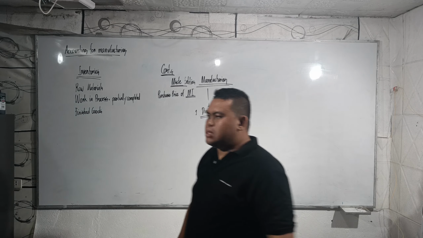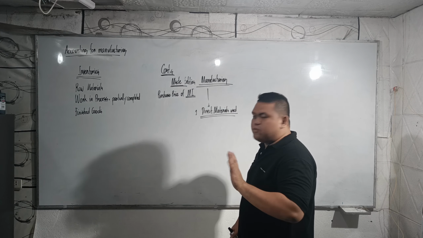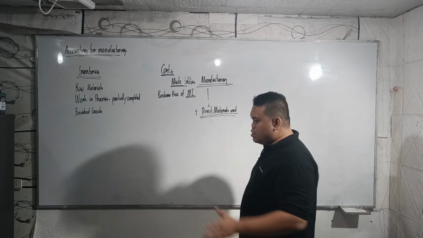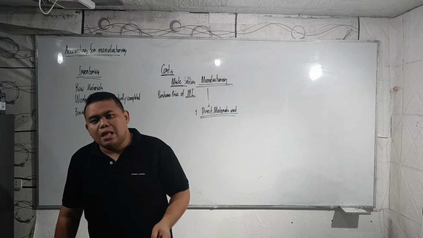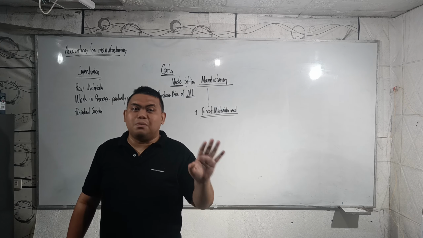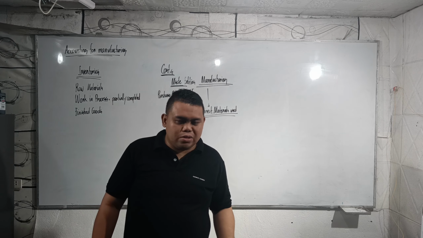We talk about direct materials. Actually, we have two: direct and indirect materials. The direct materials are those materials that are actually traceable to your finished goods or your product.